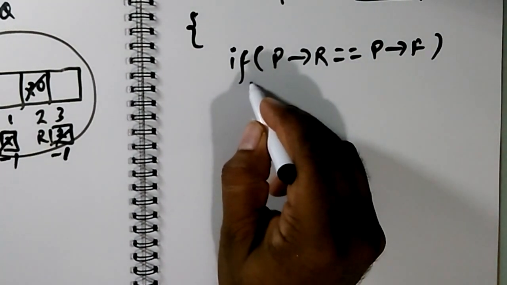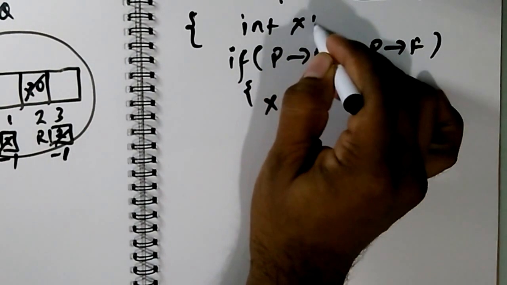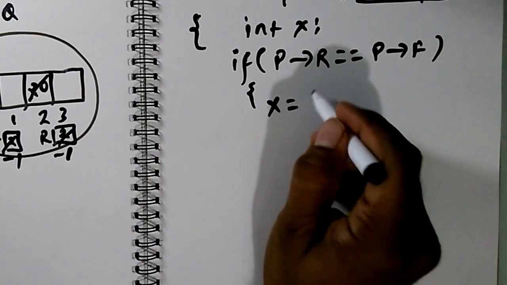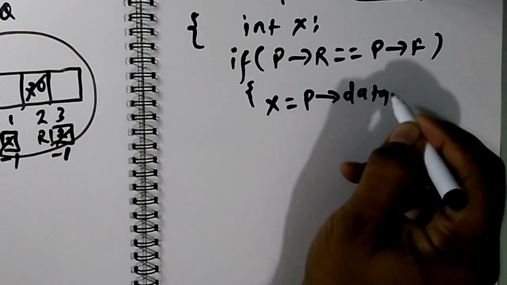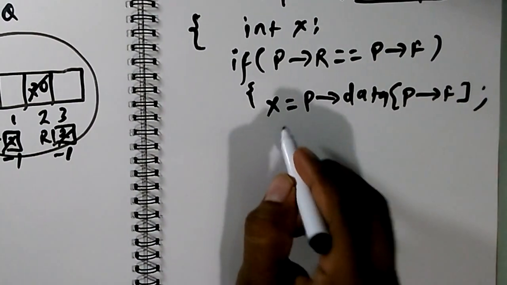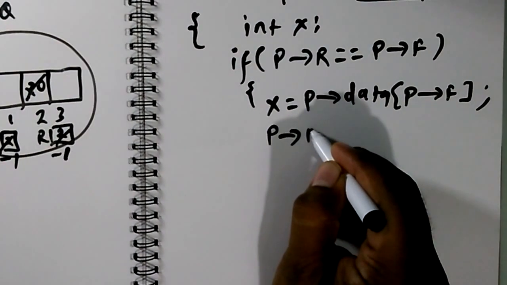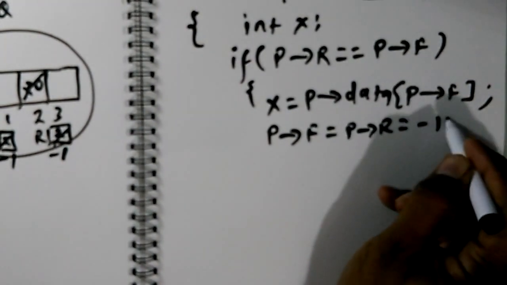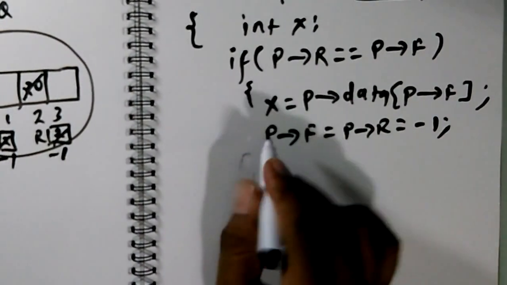So in that case, what I'll do is I'll say x equal to, I need int x. x is the variable in which I'll be storing the value which I'm going to delete, and later I'm going to return that value. x is equal to P arrow data of P arrow F. So I'm going to retrieve that value, and after retrieving that value, next I'm going to set F and R both to -1, telling the queue has become empty. And after doing this, I must return the value x to the user.